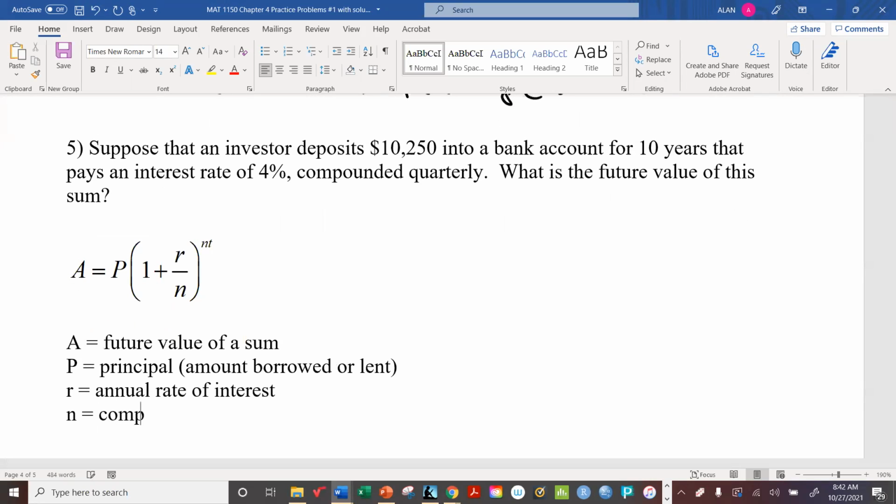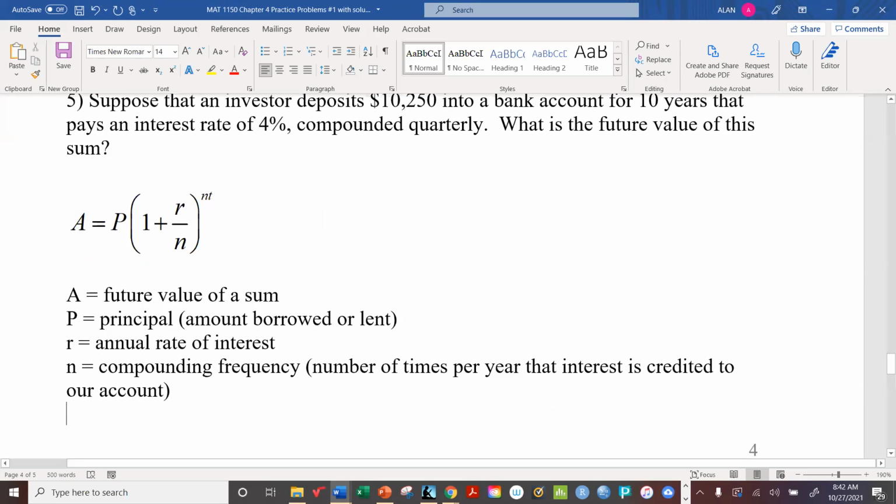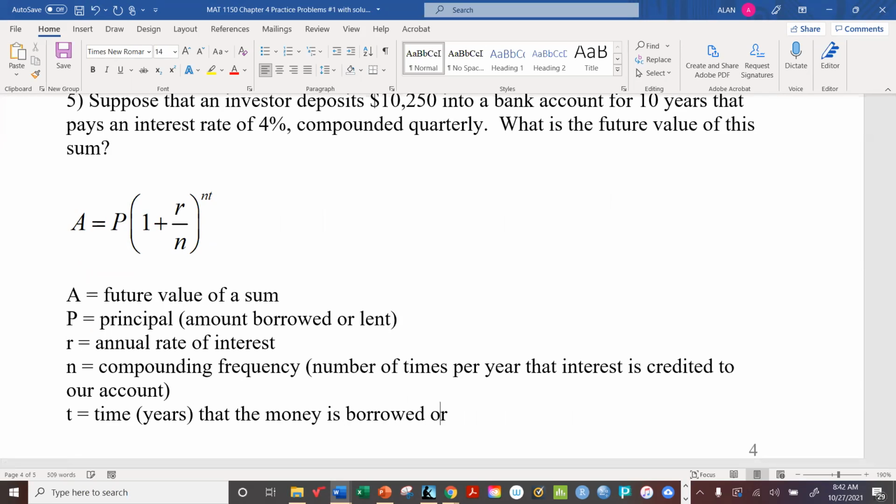N is the compounding frequency, or number of times per year that interest is credited to our account. And then T is the time in years that the money is borrowed or lent.